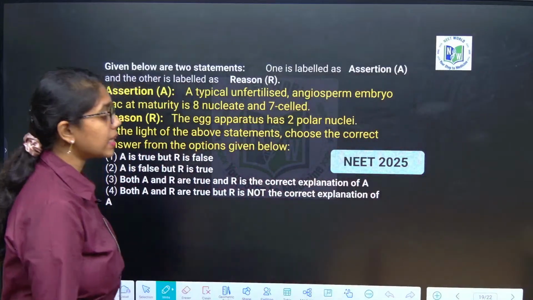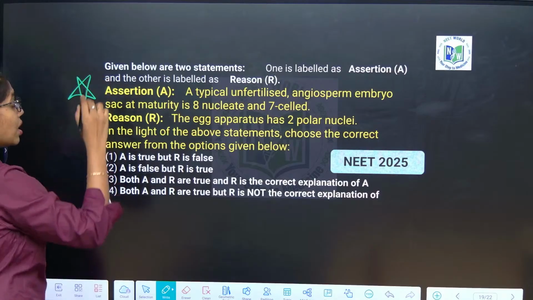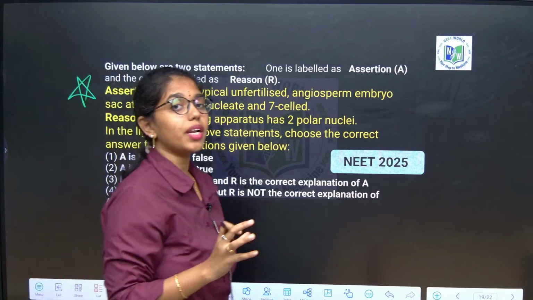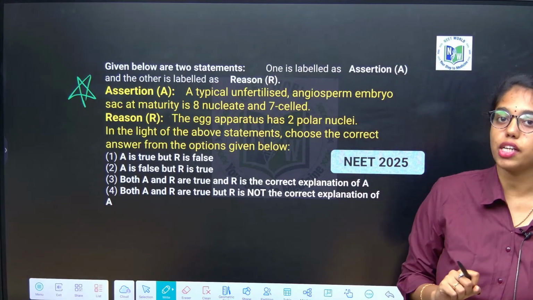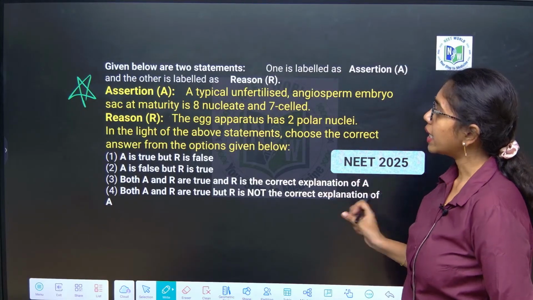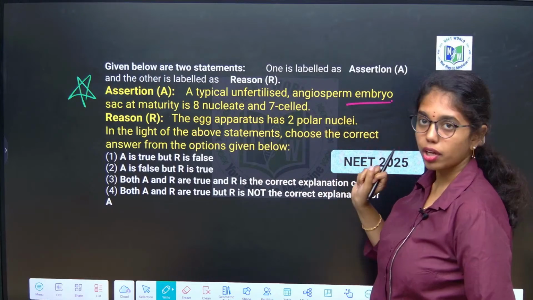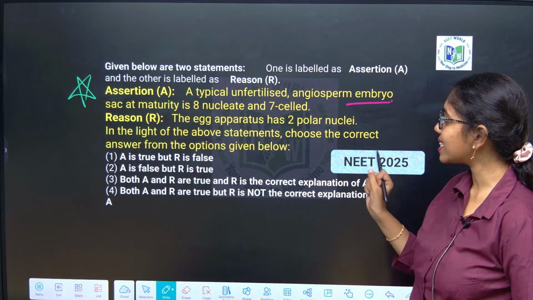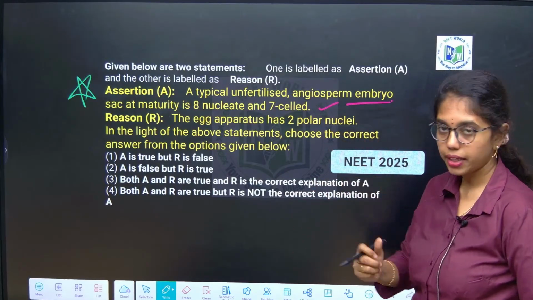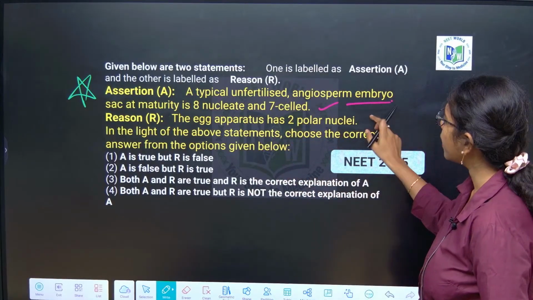Next, answer this question, 2025. Again an assertion reason question. That is why I told you from sexual reproduction of flowering plants you will get more statement based and assertion reason questions only. Here, a typical unfertilized angiosperm embryo sac at maturity gives the 8 nucleated 7 celled condition, correct. Next, the egg apparatus has 2 polar nuclei, wrong.